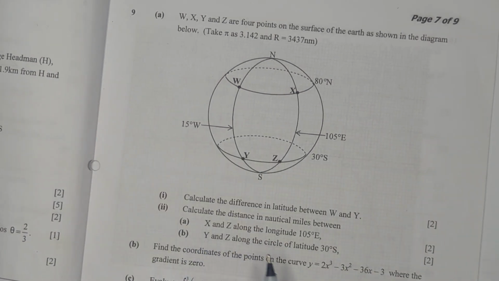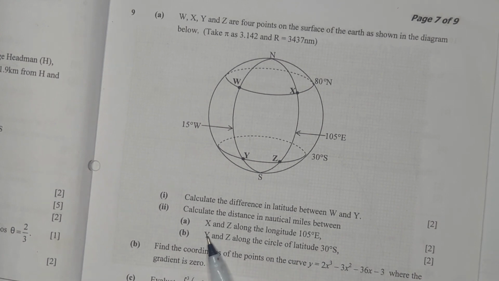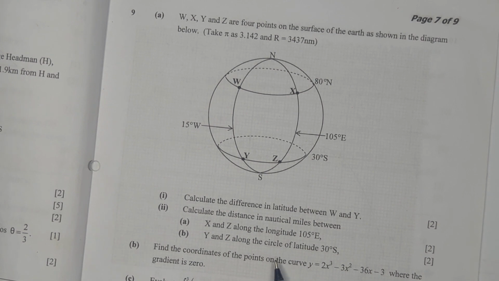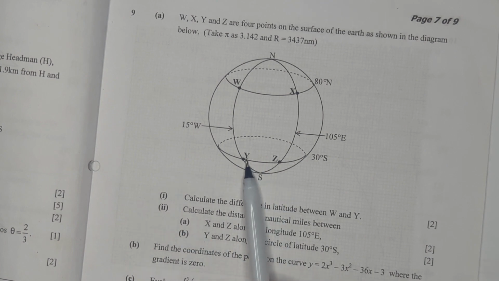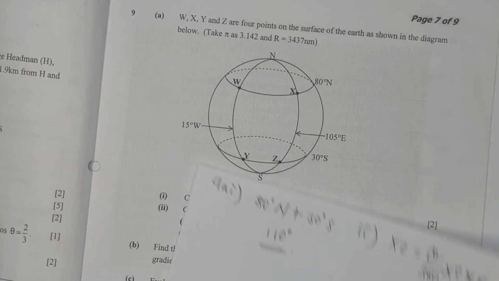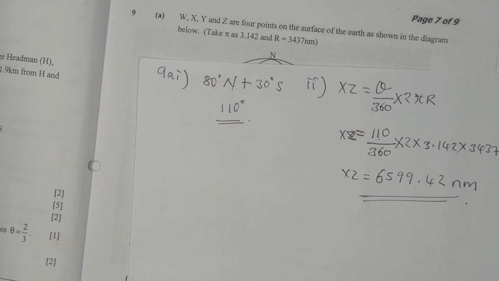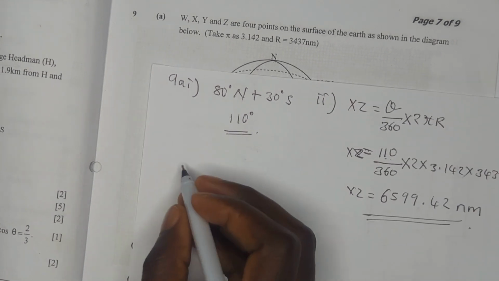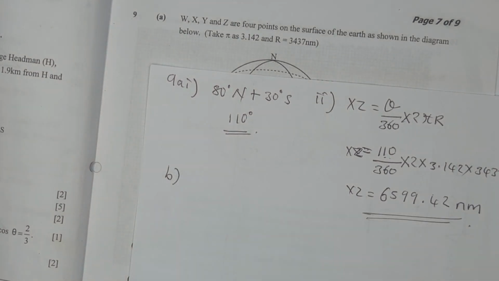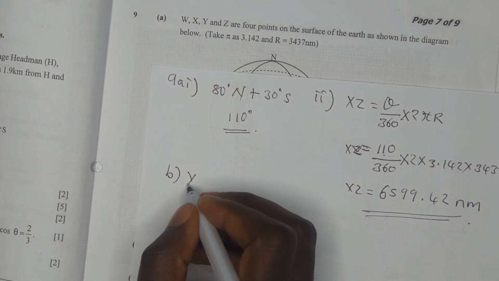For question B, we are calculating the distance in Newton per mole between Y and Z along the circle of latitude 30 degrees south. So for B we are calculating the distance along YZ.